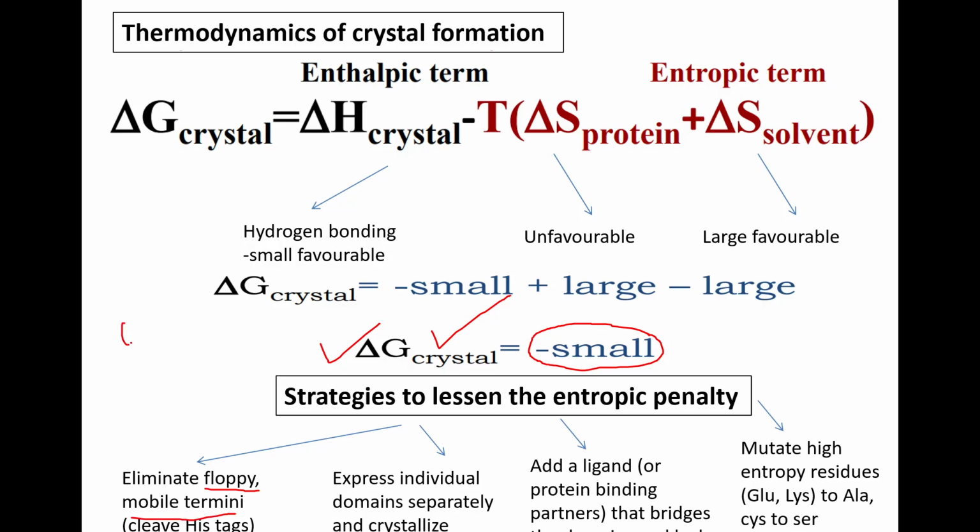For example, if some protein has a C terminal end like this, for crystallization they will chop off this part. You are removing some information, but if you don't do that, you will not get the crystal, because this is a very disordered part.